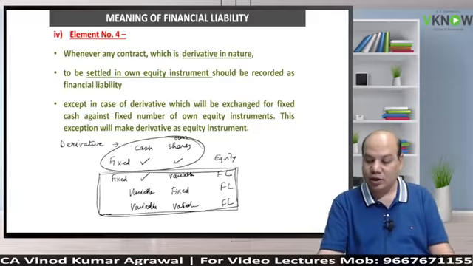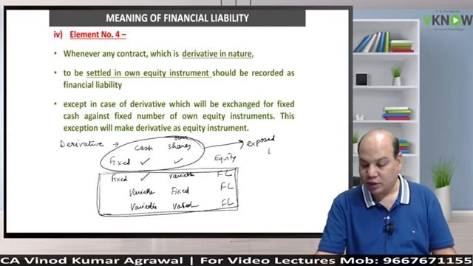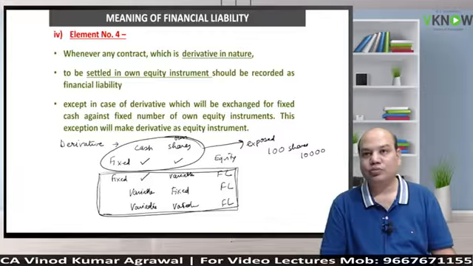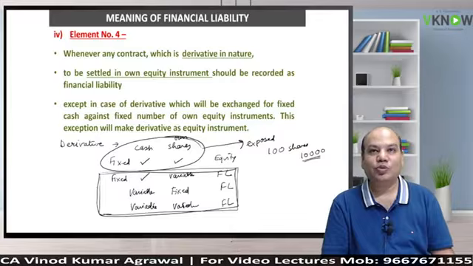In the first case, why is he exposed to the risk here? Imagine I say I will give you 100 shares against 10,000 rupees payable to you. I will issue you my company's 100 shares for a certain derivative. If the price of the share goes up, you will enjoy.